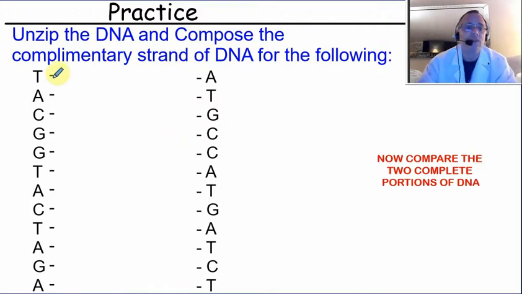All right. It should look something like this. The T goes with the A, T goes with A, C goes with G, G goes with C, and I'll just keep on going.